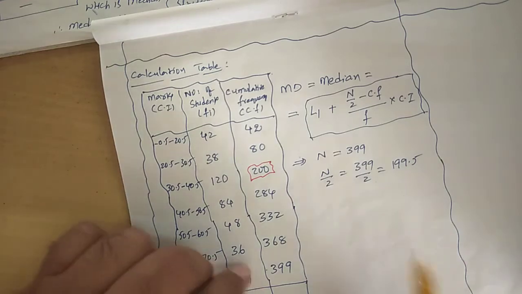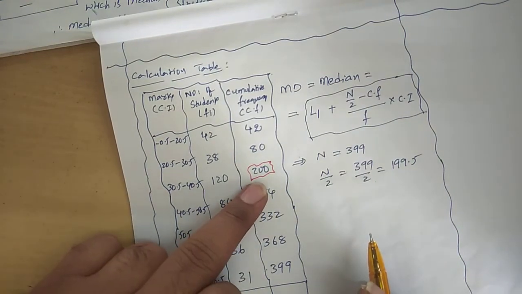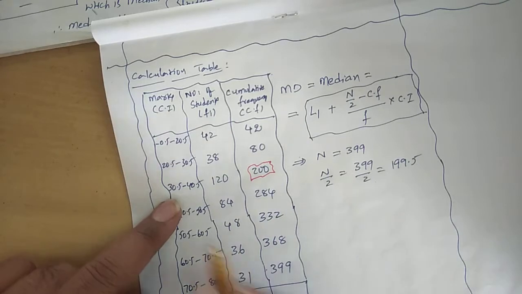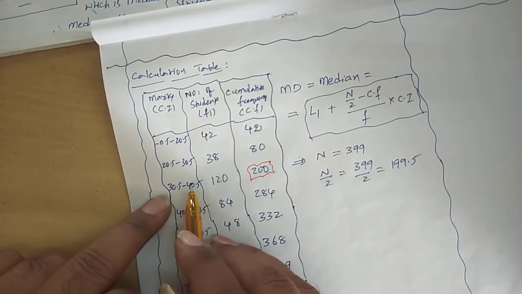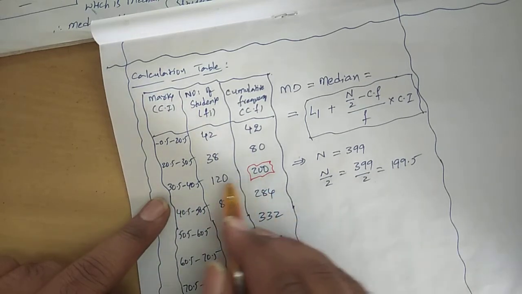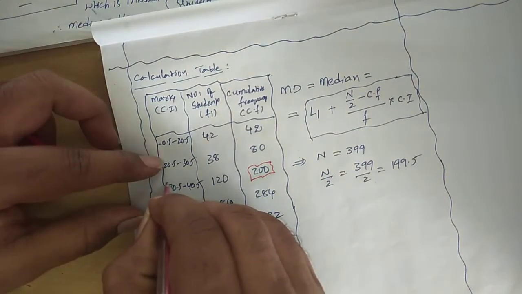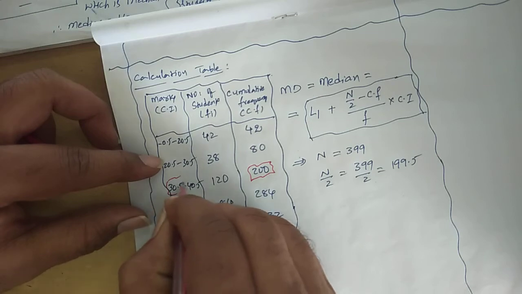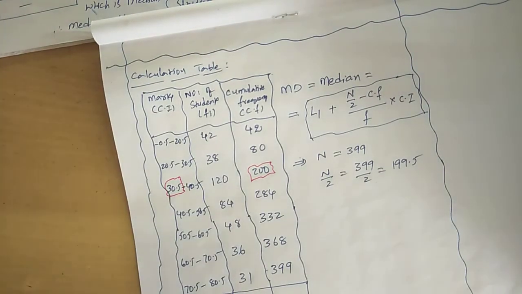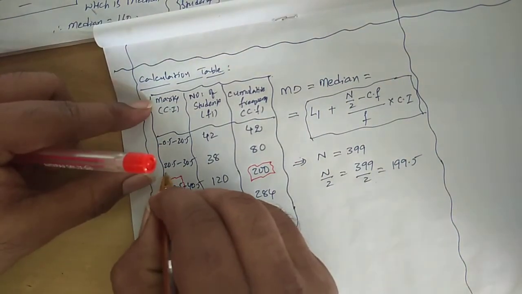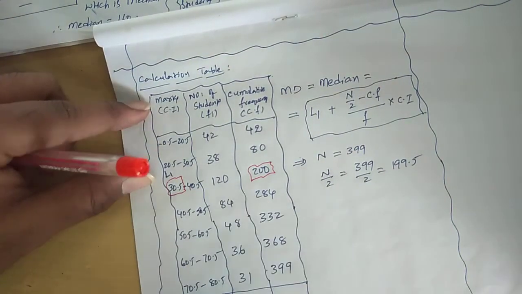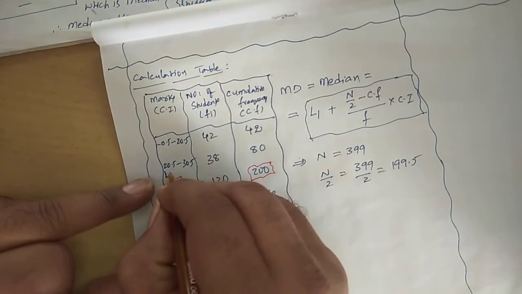Now, correspondingly, whatever class is there for this 200 becomes your median class. The lower limit of this class becomes your L1. This is L1.